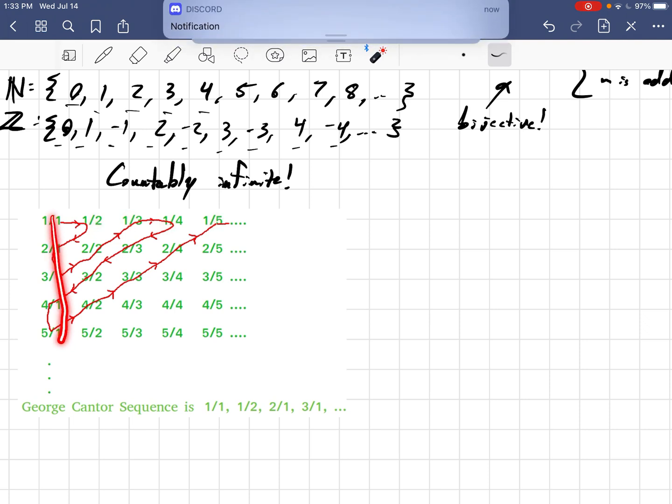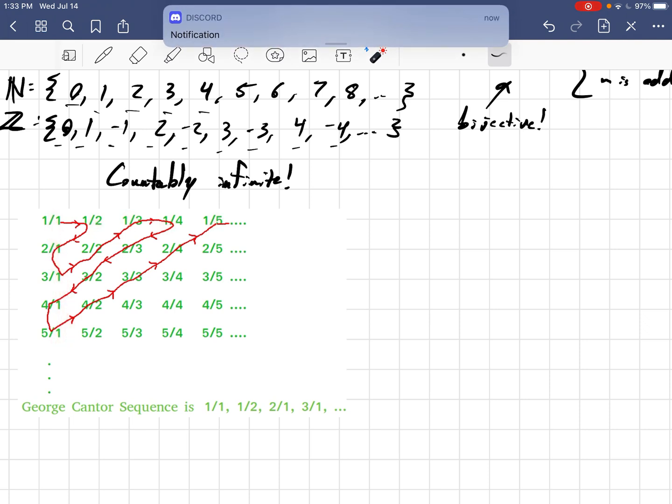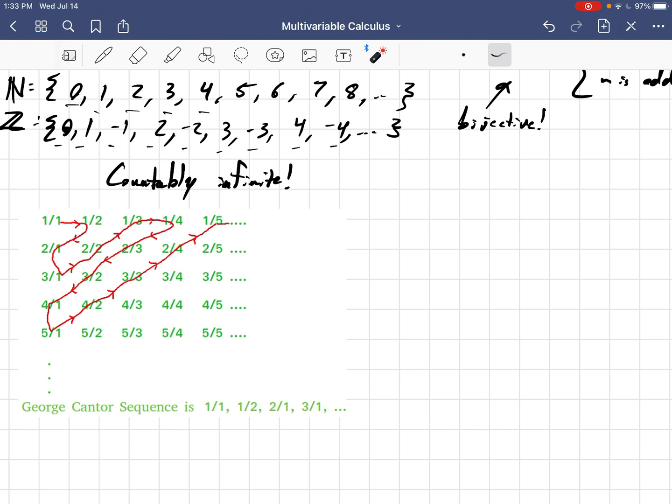And then on each column, we add 1 to the numerator. 2 over 1, 3 over 1, 4 over 1, 5 over 1, and so on. And what we can actually do is, if I were to continue this list this way and this way, I will have encompassed all of the rationals. Now, of course, it is technically all of the positive rationals, but, excuse me, if you wanted to talk about the negative rationals too, right, it really wouldn't be all that different.